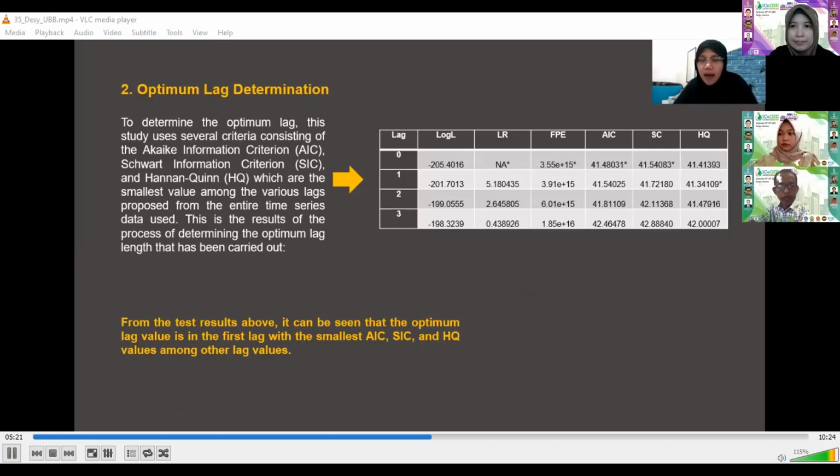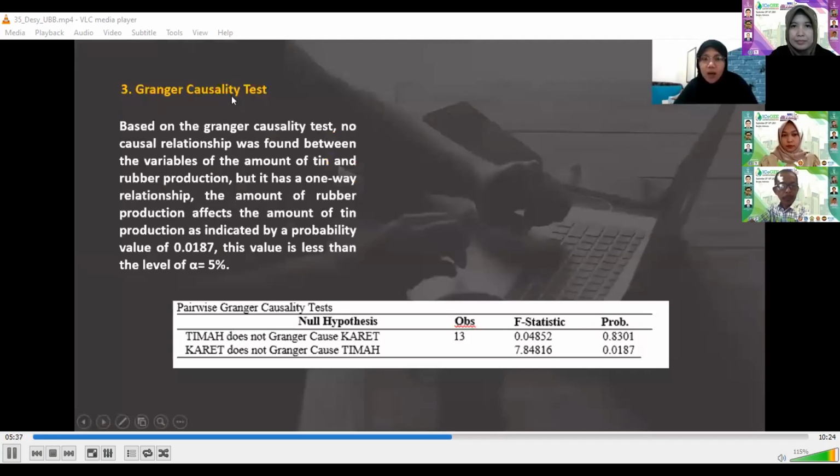And then we do the Granger causality test. Based on the Granger causality test, no two-way causal relationship was found between the amount of tin and rubber production, but it has a one-way relationship. Where is the one-way relationship?